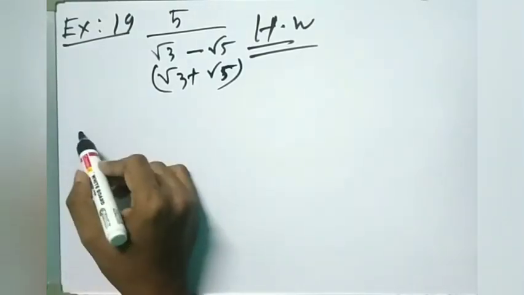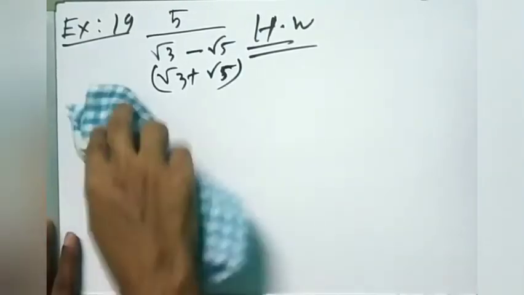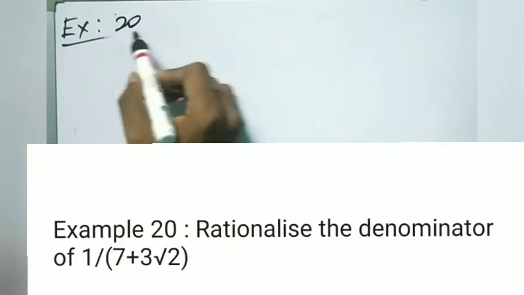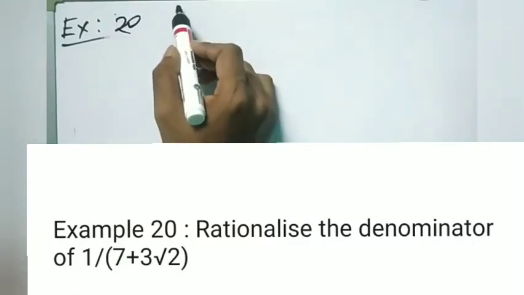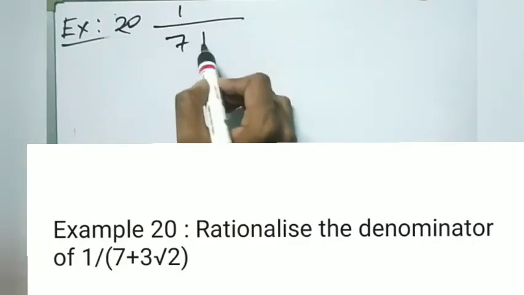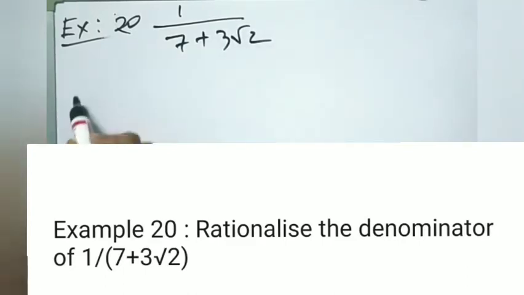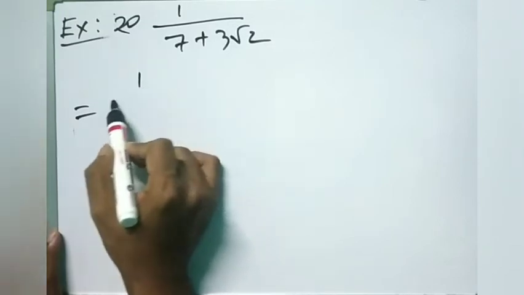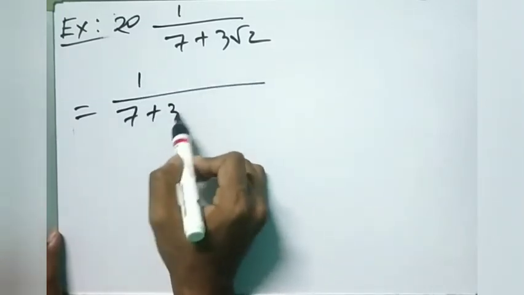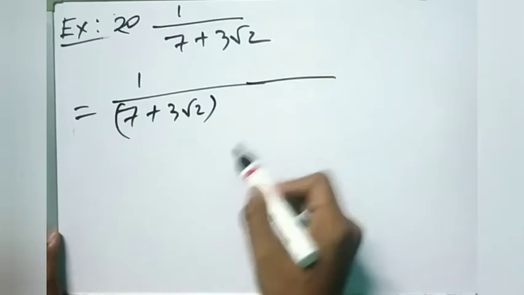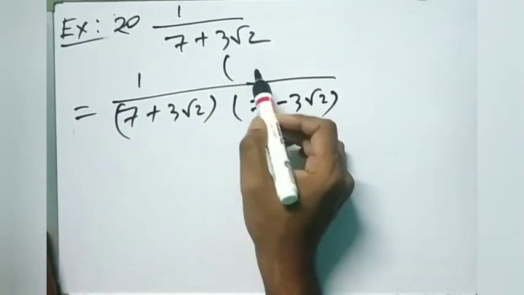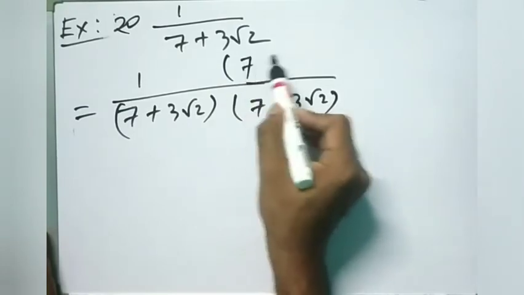Okay, now example 20. So same, rationalize 1 by 7 plus 3 root 2. So we'll multiply with the same number but opposite sign, 7 minus 3 root 2, in numerator and denominator.